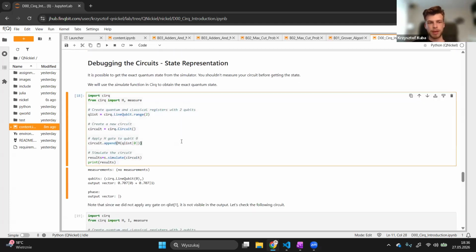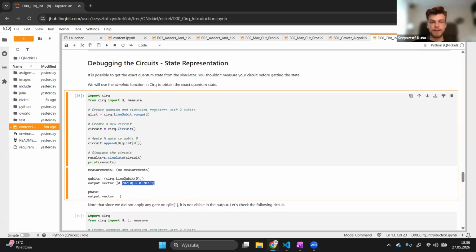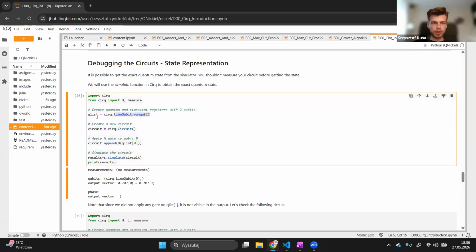But if you don't provide a measurement and you just simulate the circuit, then you are able to retrieve the state vector. So in Cirq, the state vector will show you the superposition of the output vector. And here we have 2 qubits. Maybe we can also print this.